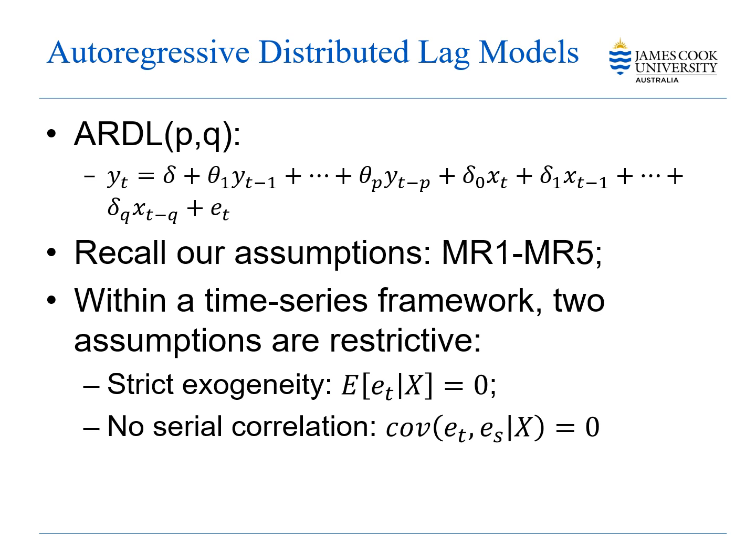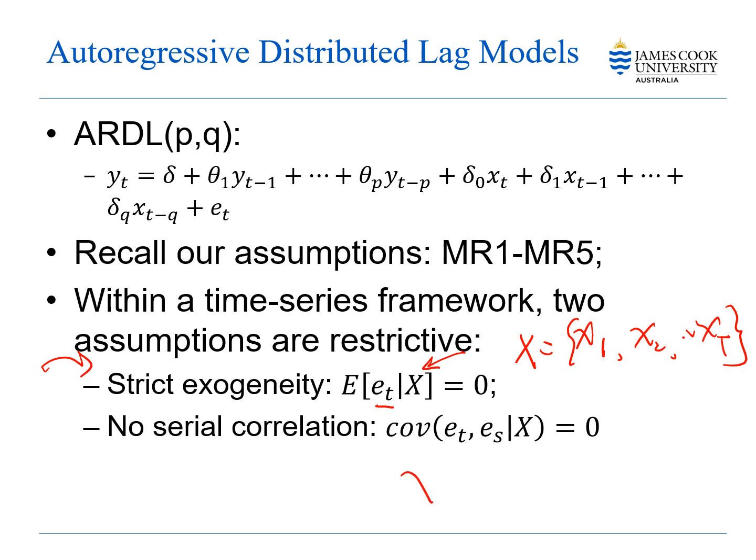Recall our assumptions MR1 to MR5 within the time series framework. Two assumptions among these five are quite restrictive. First, strict exogeneity. In our time series context, it says that the expected value of e_t conditional on X is 0, where X is X_1, X_2 until X_T, the whole set of right-hand side variables.